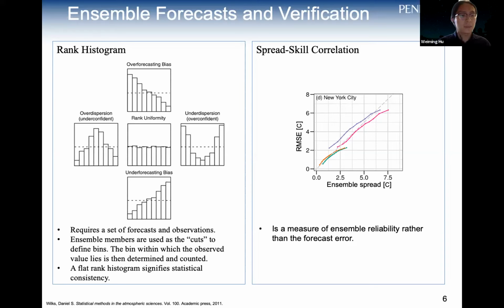Here's a little mind exercise for you. If I ask you to focus only on the first bin to the left and the first bin to the right, there is a reference line, which is the mean of the height, and it's telling you that there are too few observed values in the bins outside of the ensemble range.